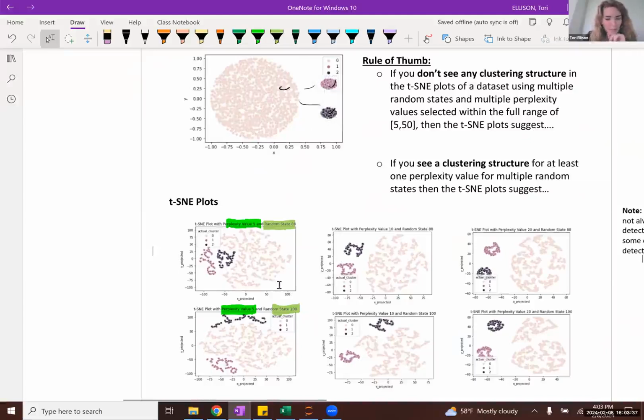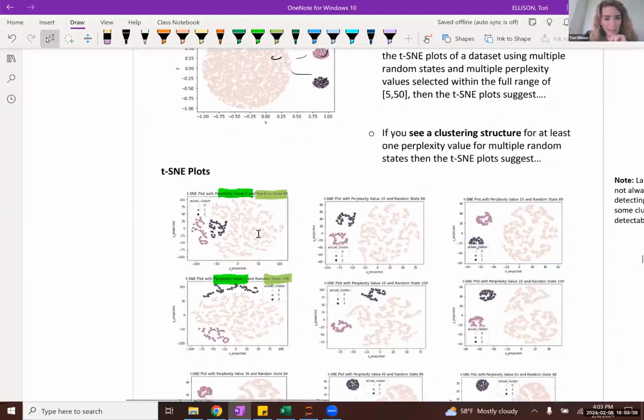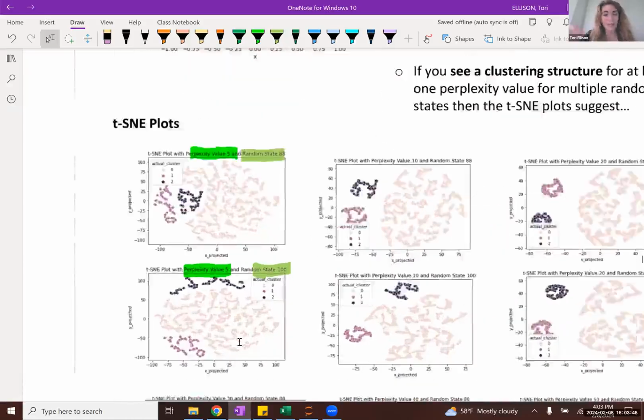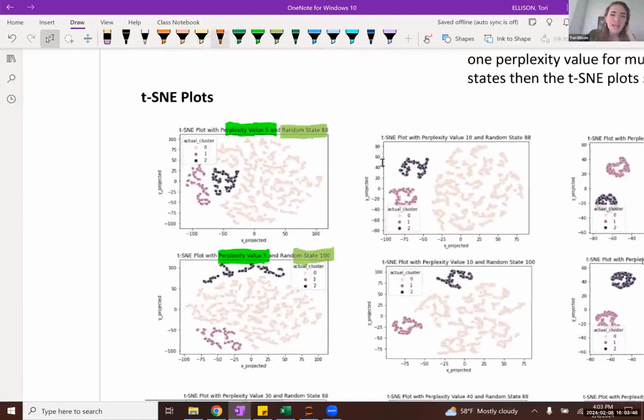I'll also take note that the placement of the points is not going to be the same across the different random states that we were looking at. For instance, in this projection, this point ended up being somewhat close to these points here. But wherever that equivalent point is in this other plot, it's actually quite far away from the pink points.